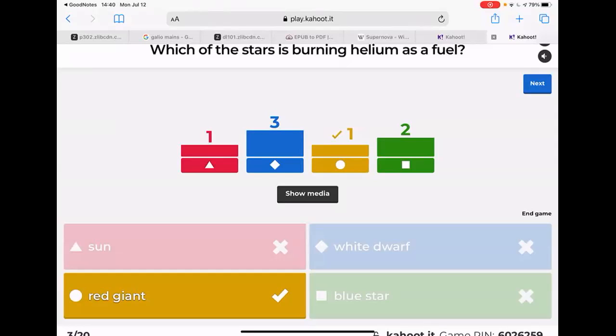White dwarfs are no longer burning. That's what happens once you run out of things to burn, and that's why it releases itself as a nebula, because there's nothing more to burn. So it can't burn anything. And a blue star, I'm not exactly sure. I didn't make this Kahoot, I just thought it was okay.